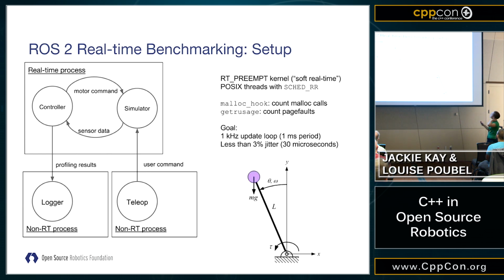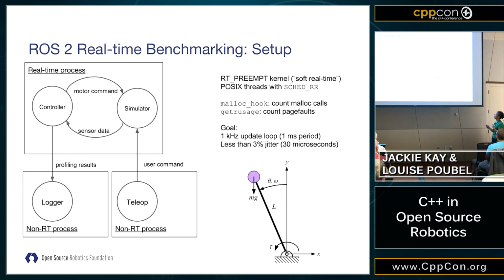Some other really technical details. The default Linux scheduler is not real-time safe, so I used RT preempt, which allows for full preemption of the scheduler. I used pthreads because the C++11 thread interface doesn't expose thread priority, with the round-robin scheduler, but FIFO I think is also a valid option.